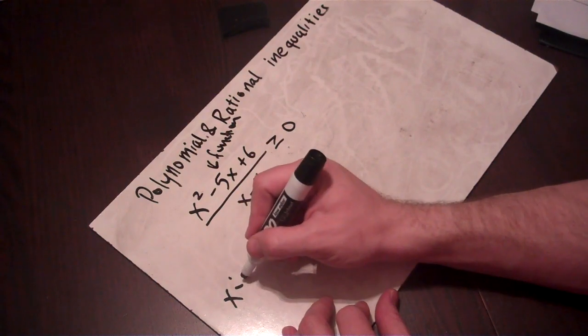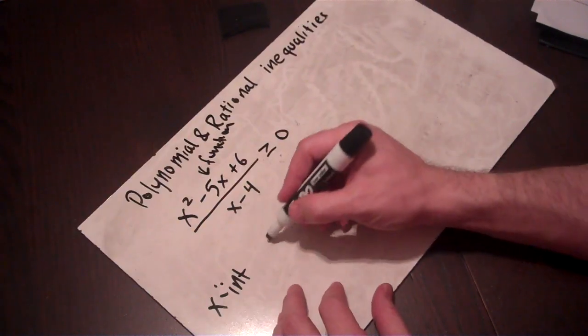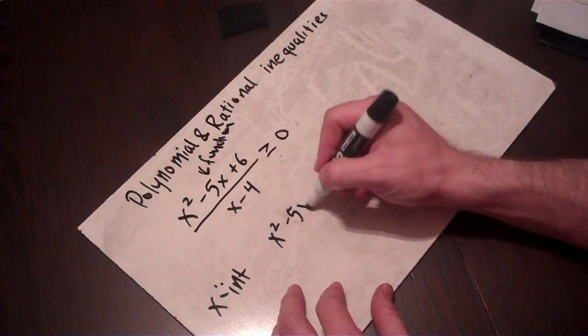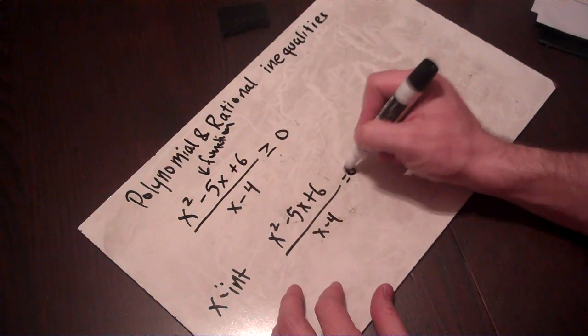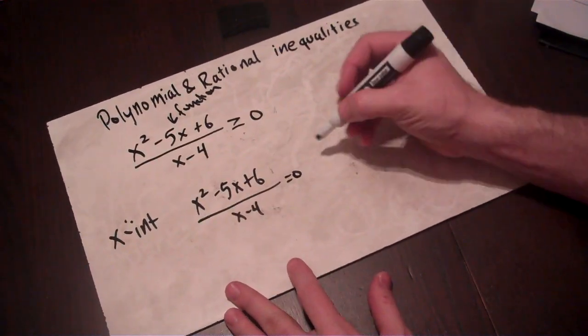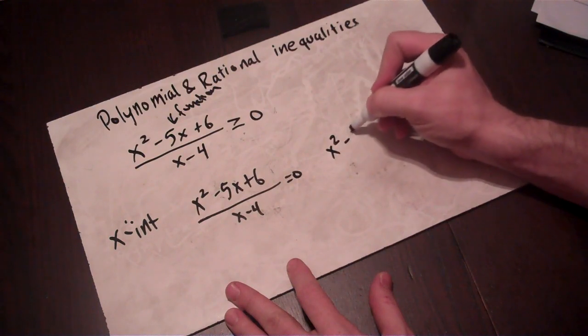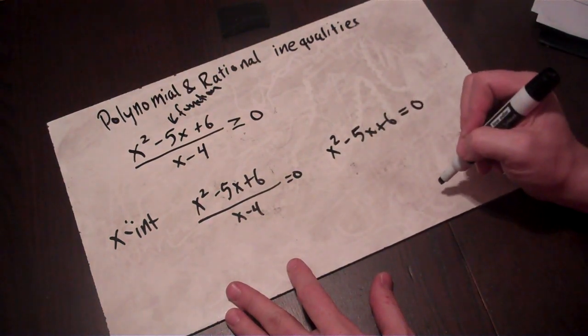So for the x-intercept, we're talking about when this thing is equal to 0. One is x squared minus 5x plus 6 over x minus 4 equal to 0. You could multiply both sides by x minus 4 and see that this amounts to saying when is x squared minus 5x plus 6 equal to 0?